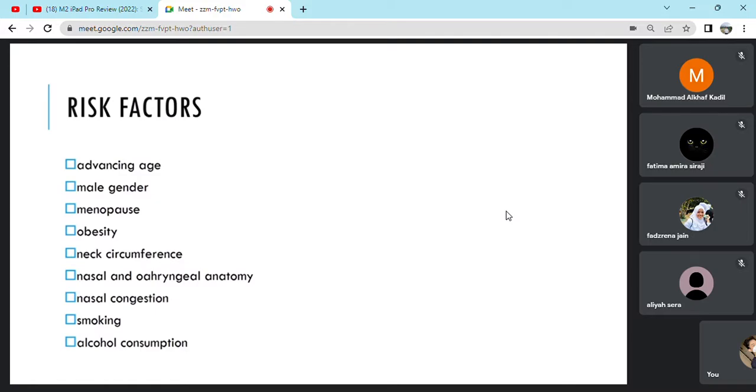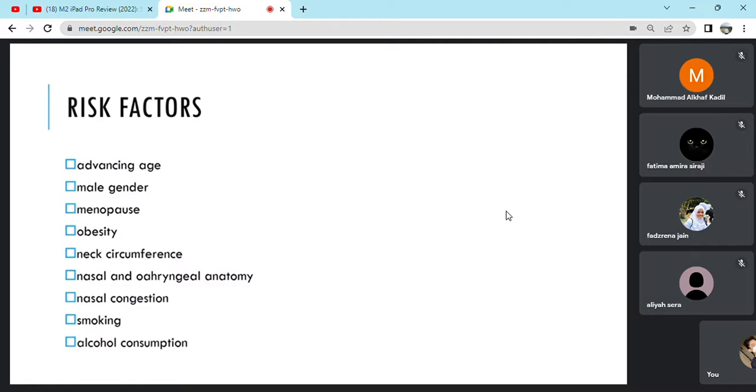Male gender, why male? In particular, they conducted a study related to this one, and they have found out that male patients are often seen as the ones who are reporting OSA. Why? Because it has something to do also with their anatomical structure.